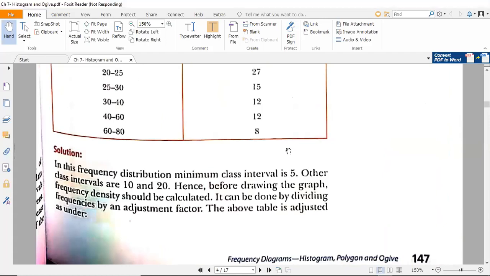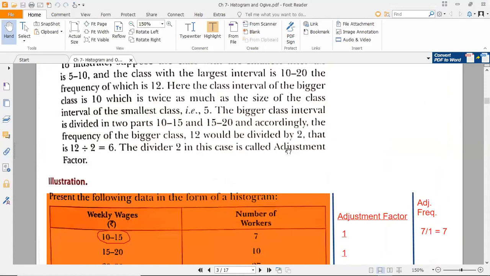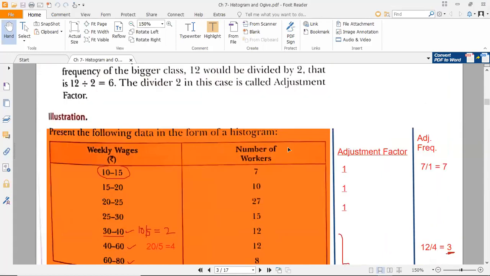So what is the basic difference between equal class interval histogram and unequal class interval histogram? In an equal class interval histogram you do not have to do any adjustment, but with unequal classes you need to do adjustments. You need to find out the adjustment factor, and you also need to find out the adjusted frequencies.